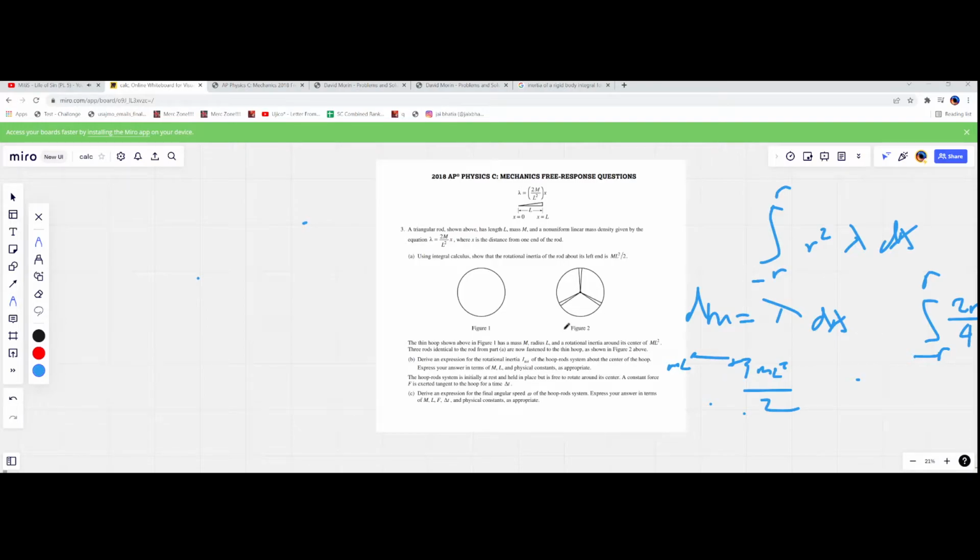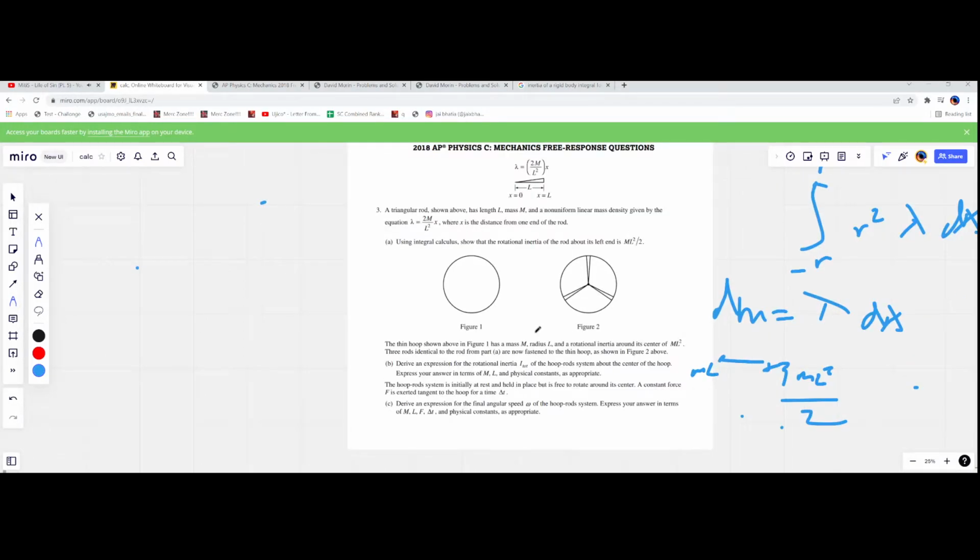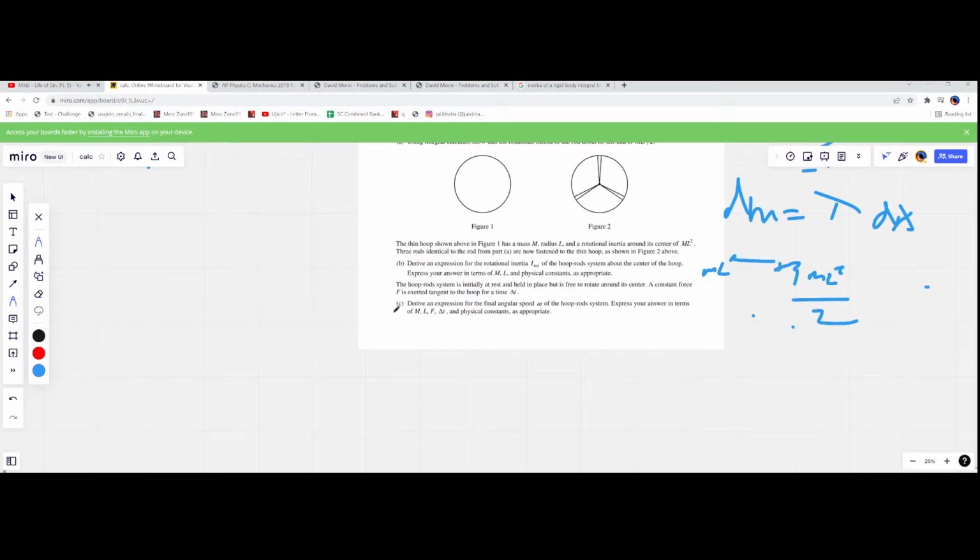Okay. So it's a constant force. There's probably like two ways to do that. Well, I don't know if there's two ways, but the way that I think of doing this is literally just net torque is equal to I alpha, that's a terrible alpha by the way, is equal to like RF.